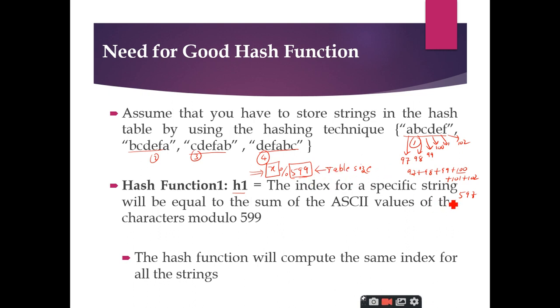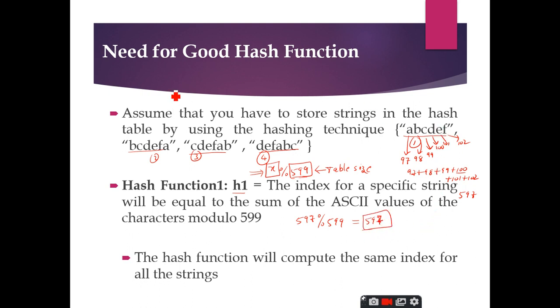Forget about the result for now. 597 divided by 599 means it is 597. So this A, B, C, D, E, F should be stored at the index equal to 597.